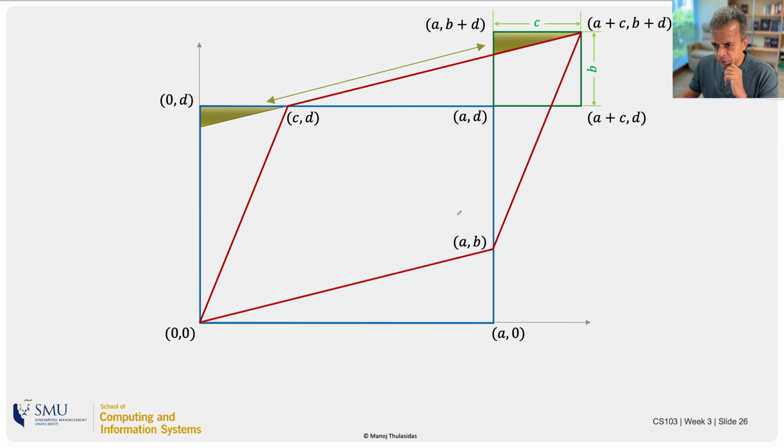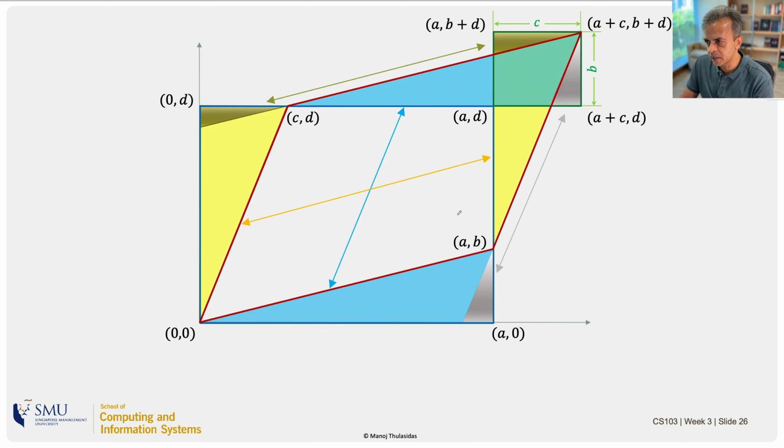What I'm trying to do is to chip away from the blue rectangle some parts so that I end up with the red parallelogram. So I chipped away that, then I chip away this little guy, then I see that yellow region, I move it to the other side so that I get closer to the red parallelogram, and then I see the blue region, I move it up there.